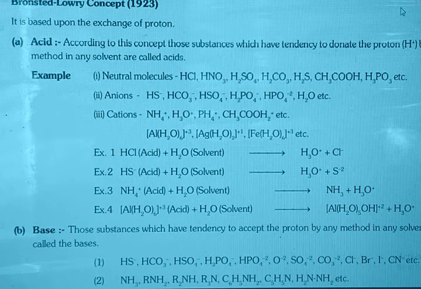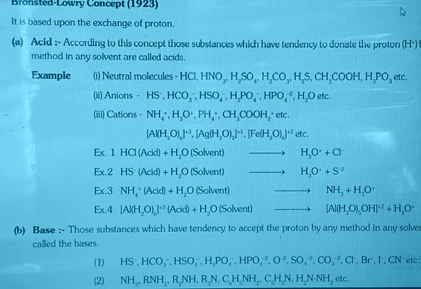So here you can see some anions, some cations. I talk about hydrochloric acid. If you mix hydrochloric acid into the water, that's H2O solvent, then H2O will take H plus from HCl and it will become H3O plus, that is called hydronium ion.